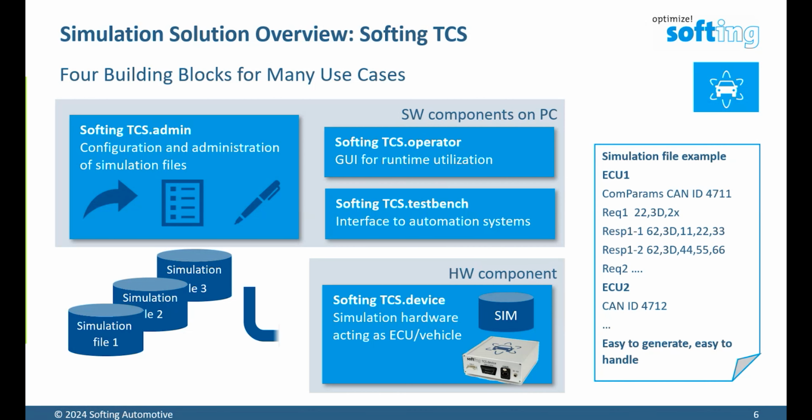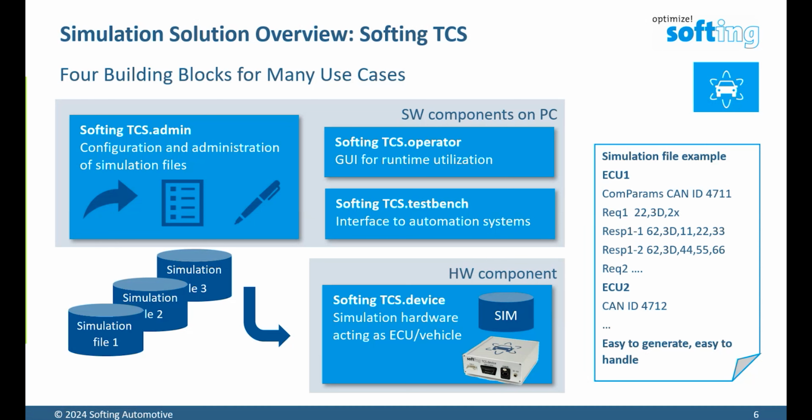And how does that work? We have different simulation files. The simulation files are stored on the PC, and the administration of the different simulation files is also done on the PC. Depending on your needs, you send a simulation file down to the TCS via a data interface, and then this TCS can play the role of an ECU or more than one ECU.